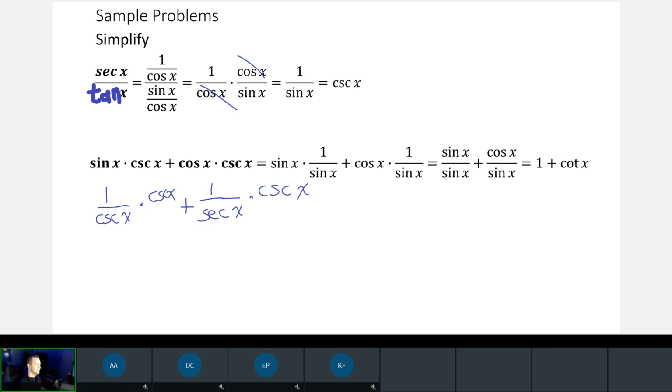All right, so if you did it this way, this cancels out, and then you have 1 here, and then you're going to have cosecant of x and then secant of x. So you're kind of creating more work for yourself by doing it this way. And I don't think we have an identity that shows us cosecant divided by secant, do we?